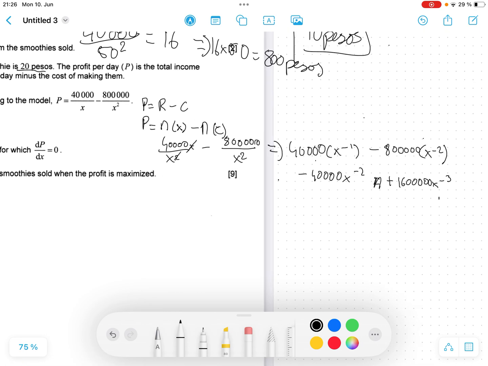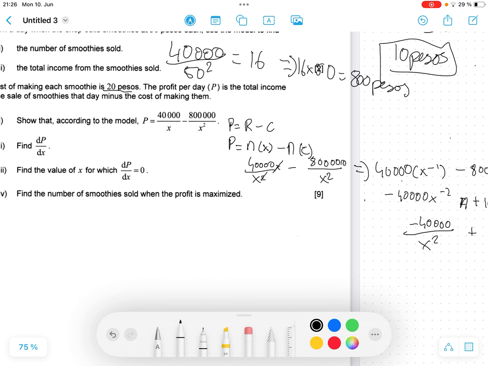So we can now rewrite this back in fraction form as negative 40,000 over x squared plus 1.6 million over x cubed.